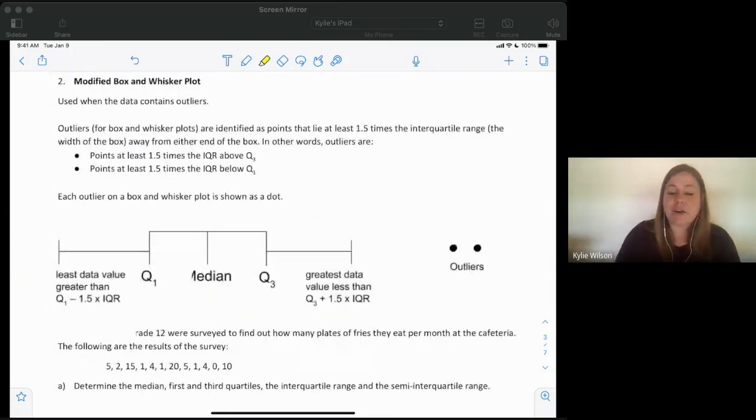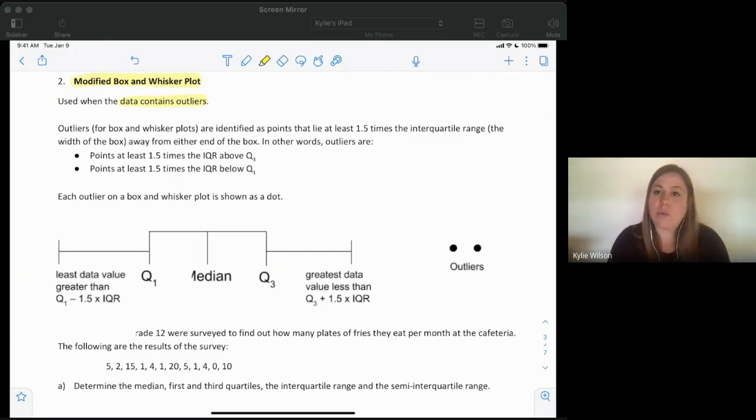Then we have our modified box and whisker plot. This is the other one that is slightly different. This type of plot takes into account when the data contains outliers, so we'll draw it slightly different to account for these outliers.